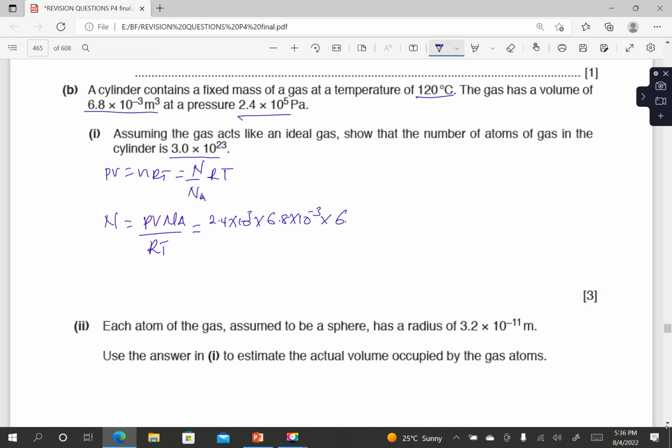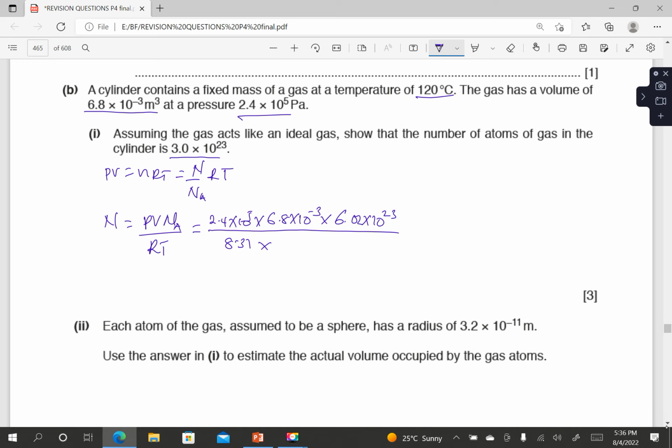Avogadro's number 6.02 times 10 power 23. Note that you are supposed to write Avogadro's number as n with a subscript capital A. It is not NA, it is n subscript A. Divide by R is 8.31.